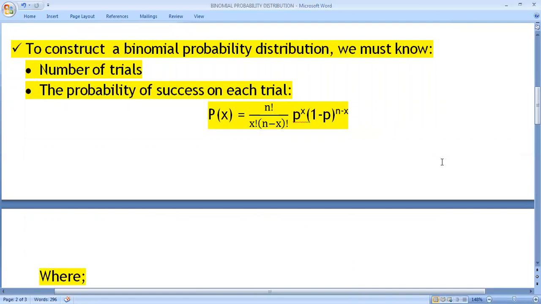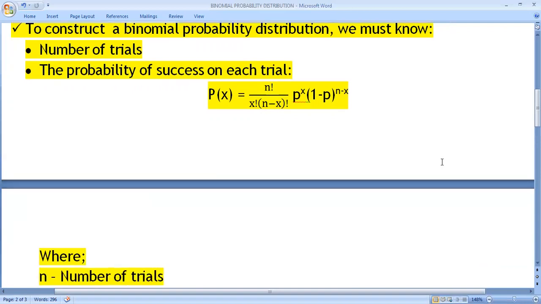The probability of a binomial random variable x equals n factorial over x factorial times n minus x factorial, multiplied by the probability of success, which is p to the power x, times the probability of failure, which is 1 minus p to the power n minus x.